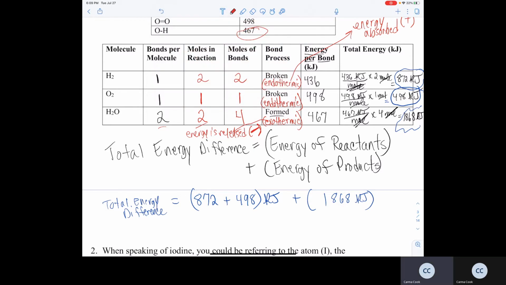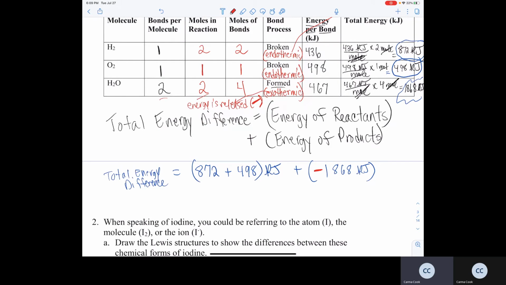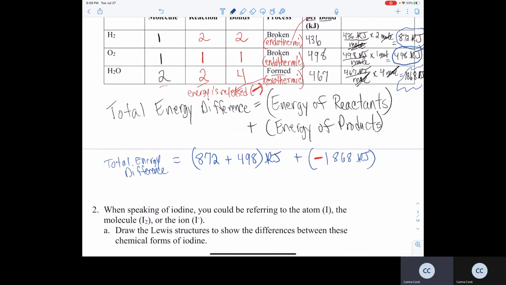So I need to put a negative sign next to my energy for my product. So I do my math: 872 plus 498, and then to that add a negative 1868.